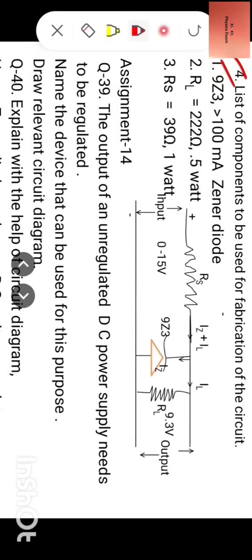So the Zener should have current tolerance more than 100 milliampere. Second, load resistance 222 ohm, 0.5 watt. Third, series resistance RS 39 ohm, 1 watt.